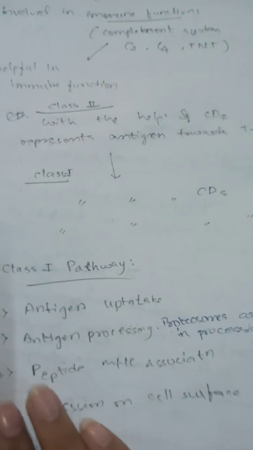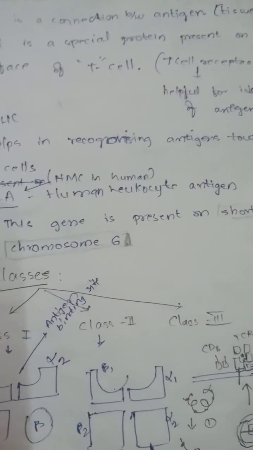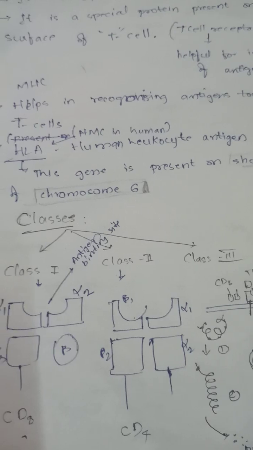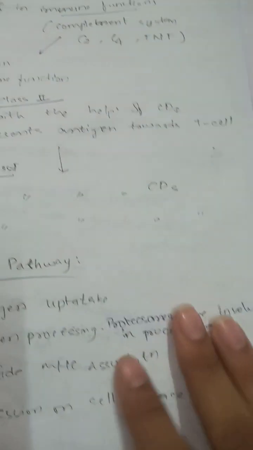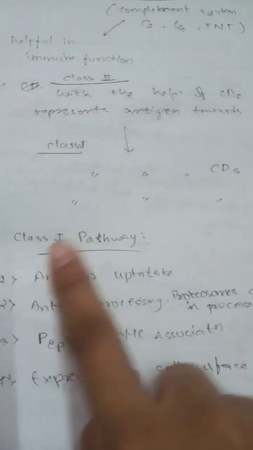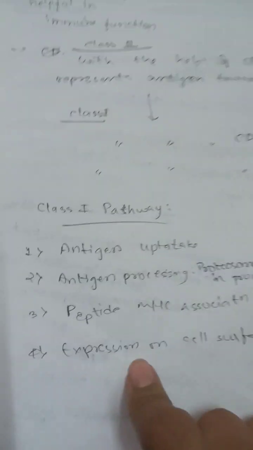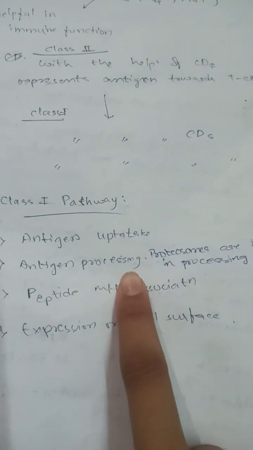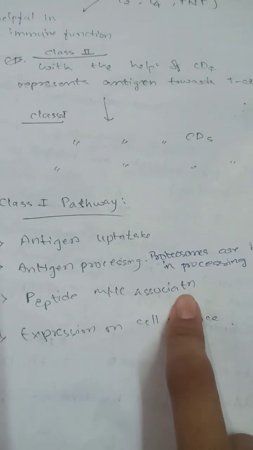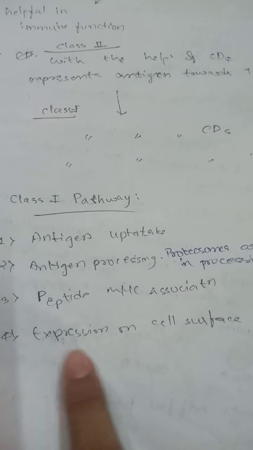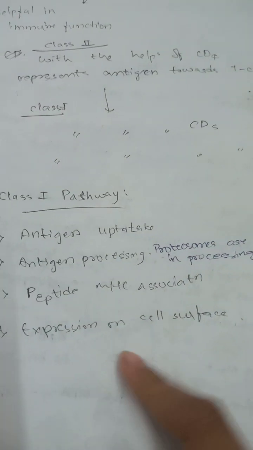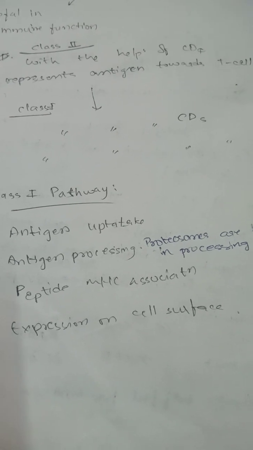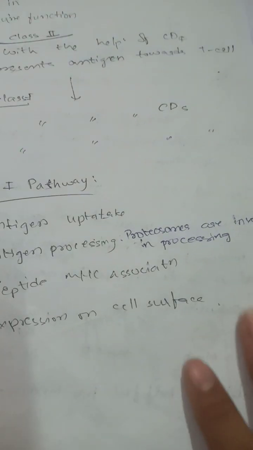Now coming to the pathway. Pathway is nothing but how it helps in presenting the antigen towards the T cell. Firstly, see the class 1 MHC pathway. It involves 4 steps: antigen uptake, antigen processing, peptide MHC association, and the fourth is expression on the cell surface.